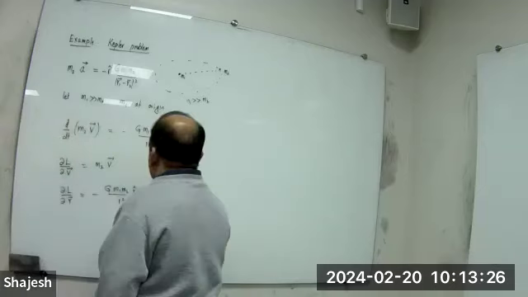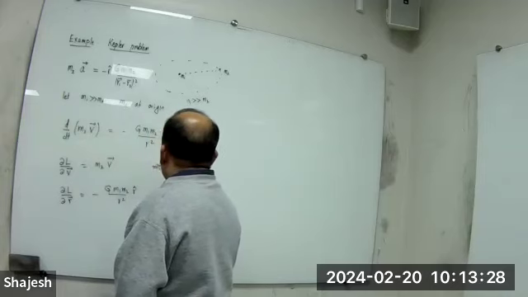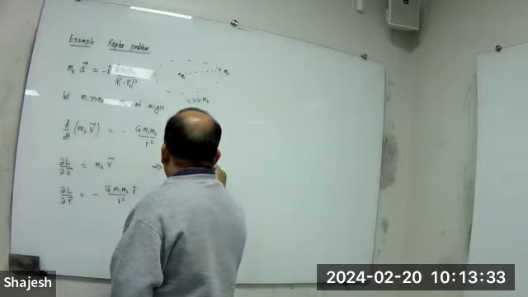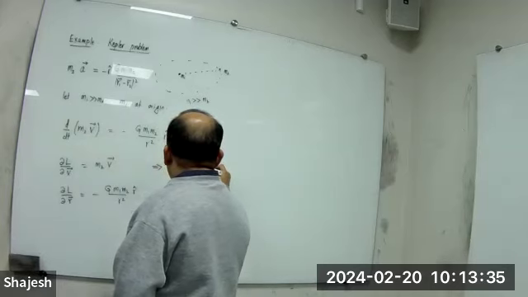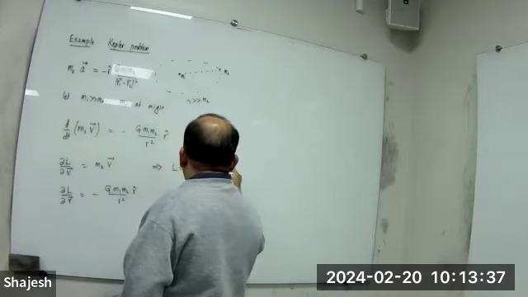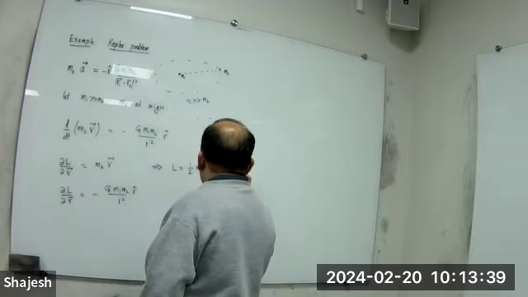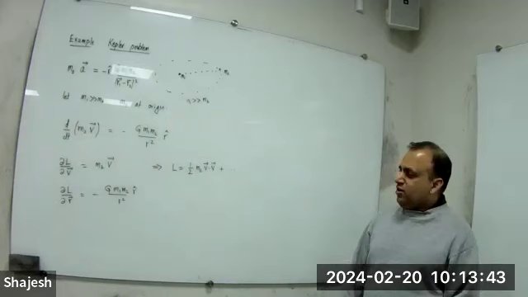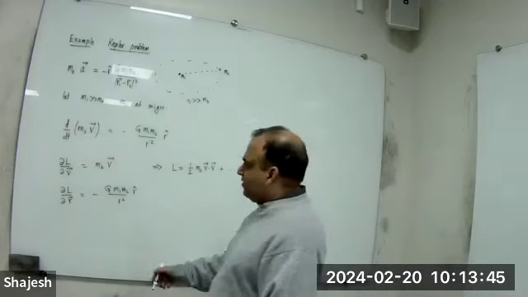This immediately tells us again that L is half M2 V squared, which is V dotted with V, and probably there are other terms which are position dependent. What does this tell us?